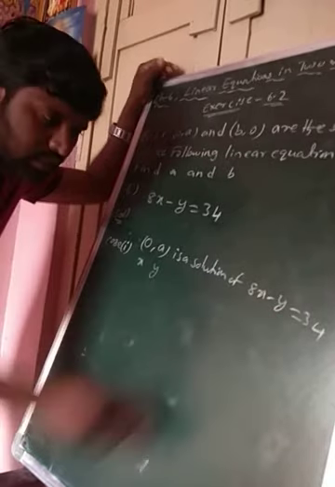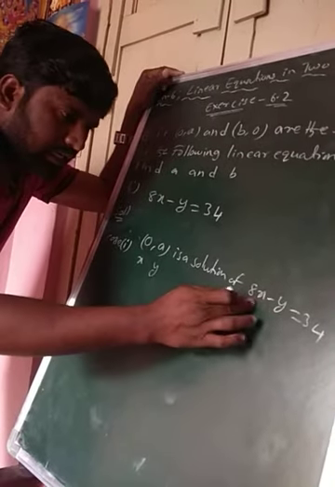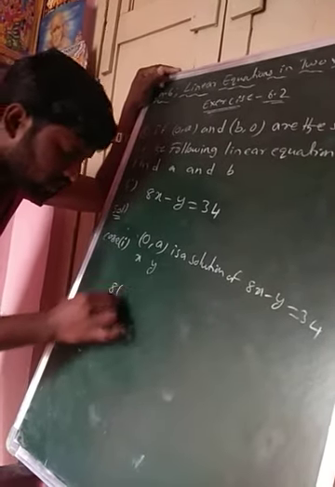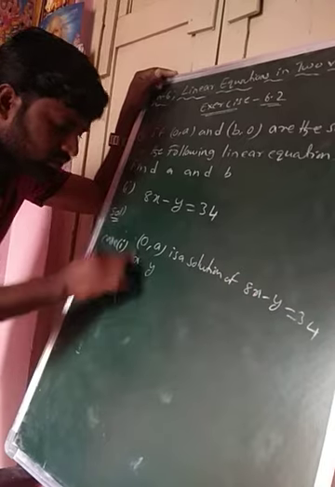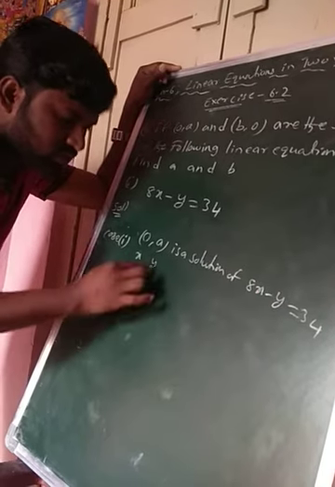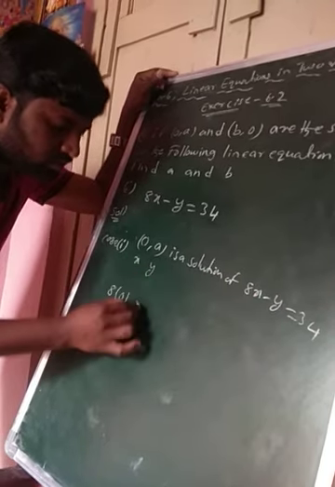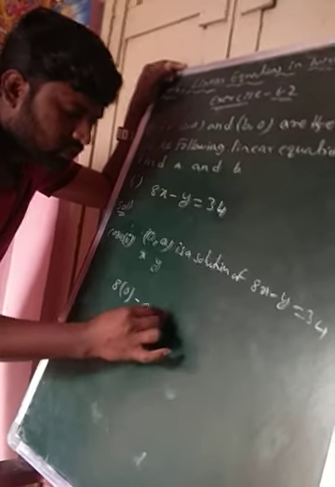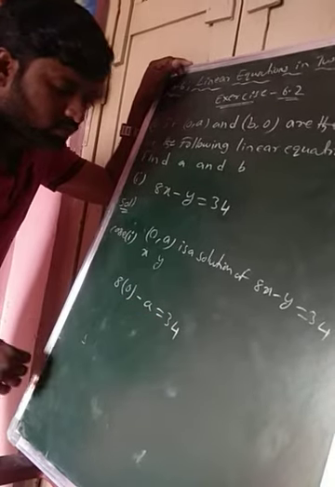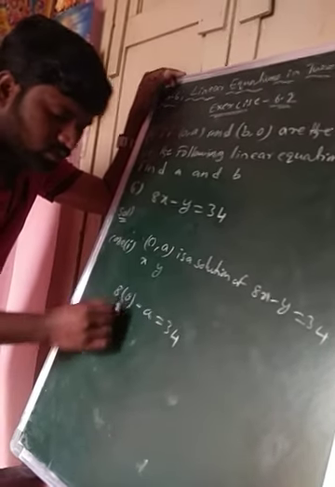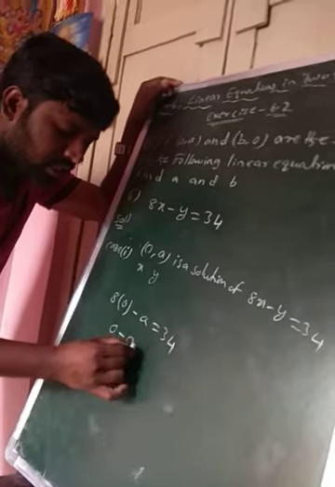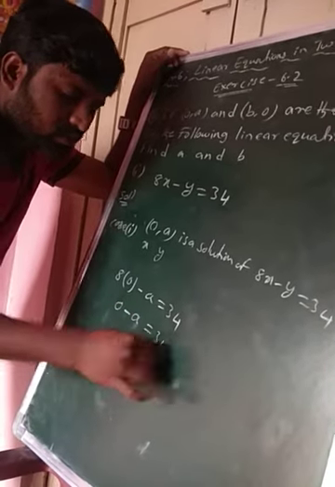Now see, 8x minus y: 8 of x, where the x value is 0, minus y, where the value of y is a, is equal to 34. Now 8 into 0 is 0, minus a equals 34.